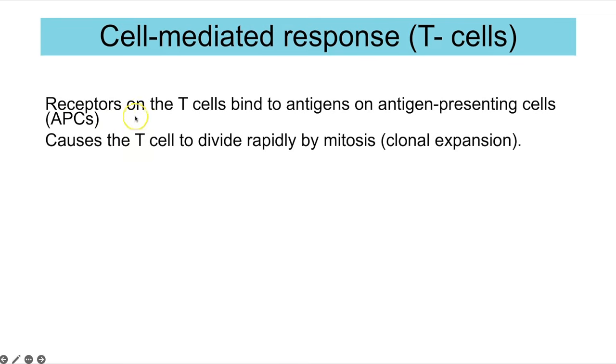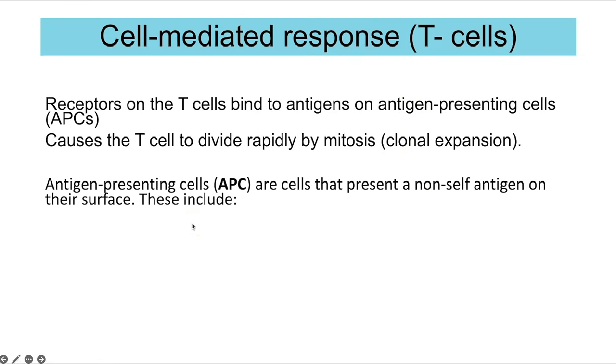And when you have the receptors on the T cells binding to antigen-presenting cells, it causes the T cells to divide rapidly by mitosis, which is this clonal expansion, because mitosis results in identical copies of cells. So you get this large number of T cells being created, which are all identical, and they're identical in that they contain exactly the same receptor on their surface, complementary to this particular antigen.